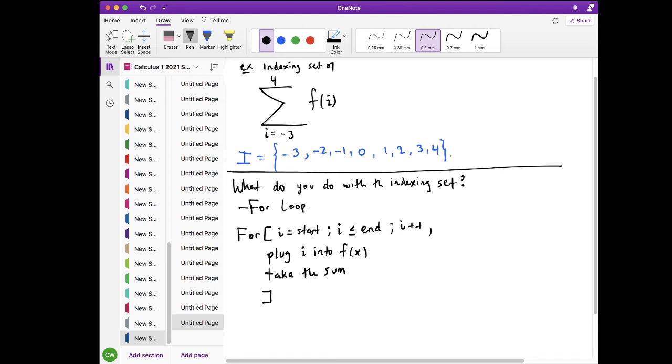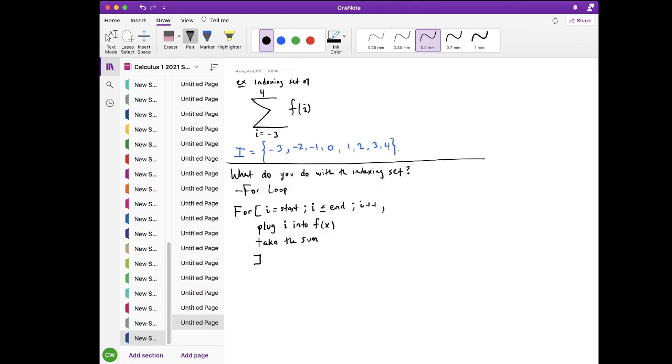So what does this mean? Let's do this one up here. What this is saying is, look at the beginning entry. Oh, it's -3, right? So this algorithm says, take i equals -3 and plug it into f.